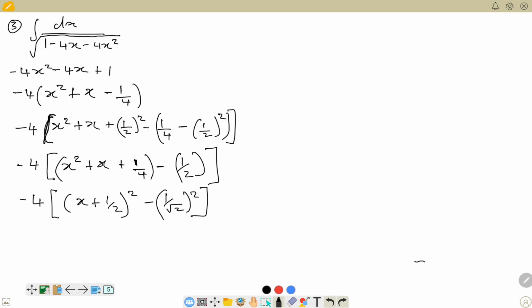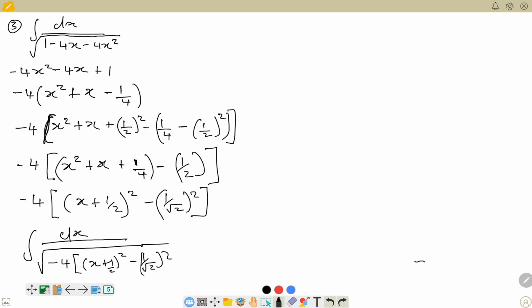So from here, we will have integral of dx over the square root of, now, -4 square bracket, then x plus 1/2 square minus 1/2 square. Then we close the square bracket.